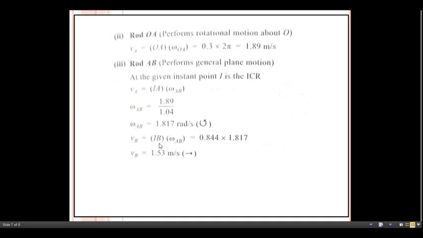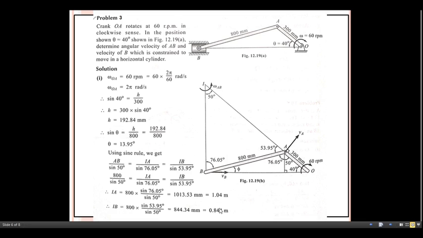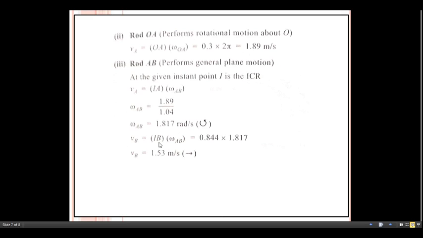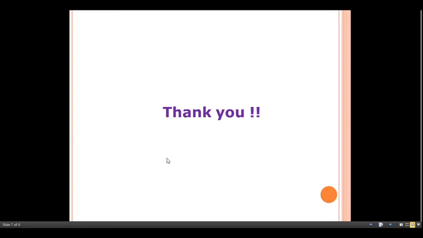For that, IB is already with us, IB is 0.844 meter. Just substitute the value for IB here. Omega AB is 1.817 radian per second. Substitute here, do the calculation, and we get VB equals 1.53 meter per second.